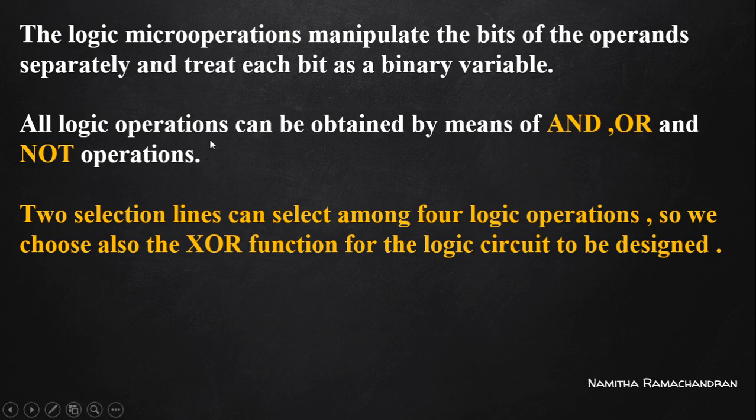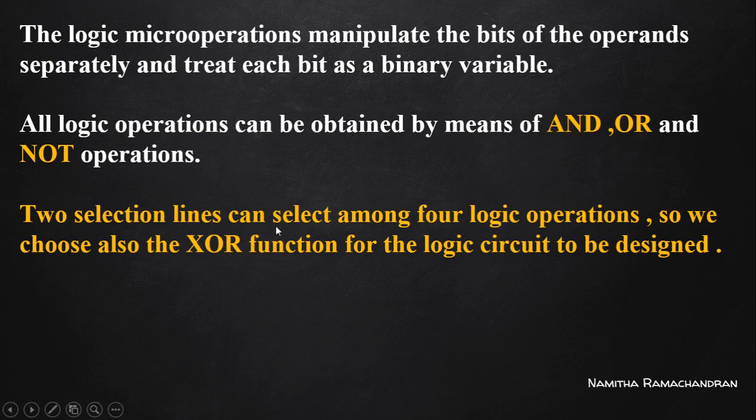All logic operations can be obtained by means of three basic logic operations: logic AND, logic OR and logic NOT. These are the three basic logic operations. Using these, we can implement all other logic operations.